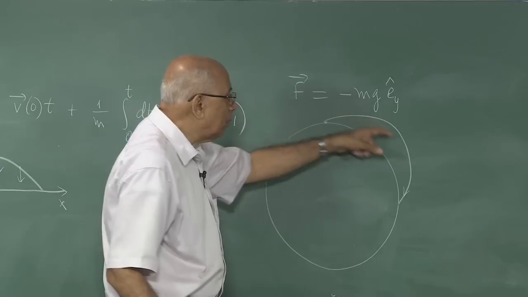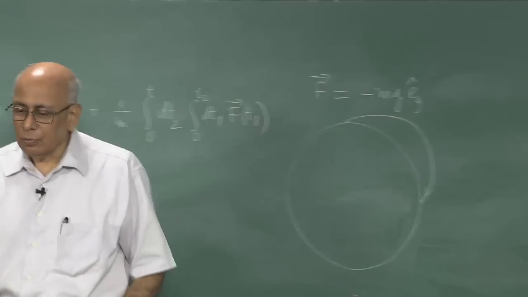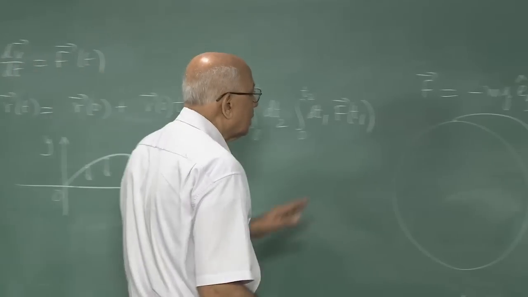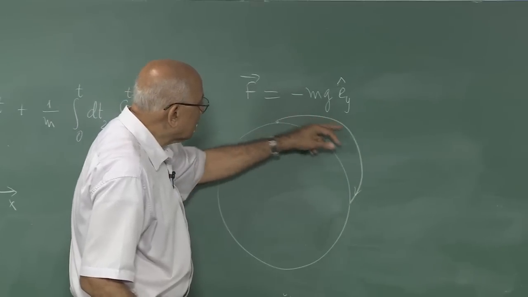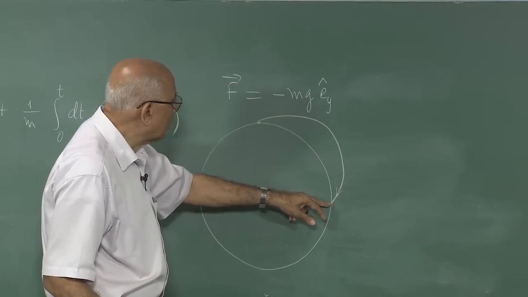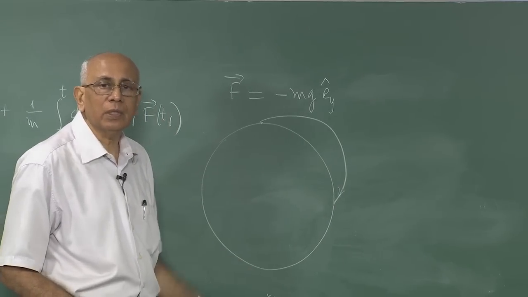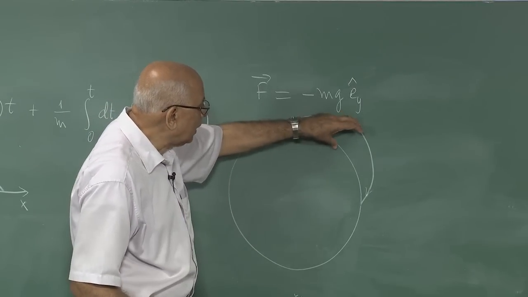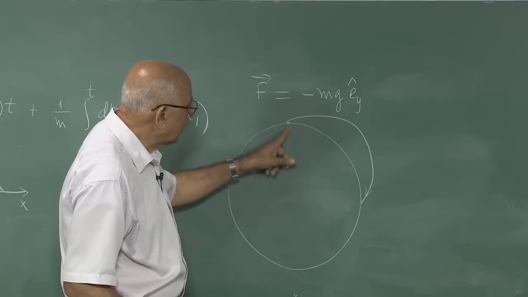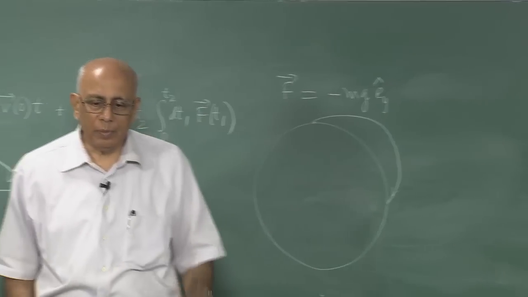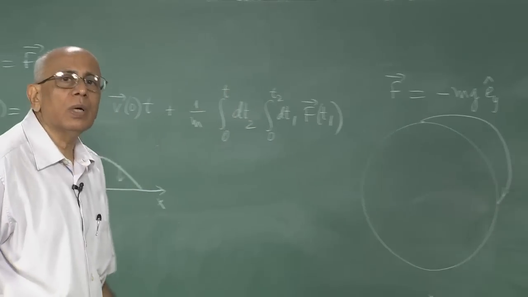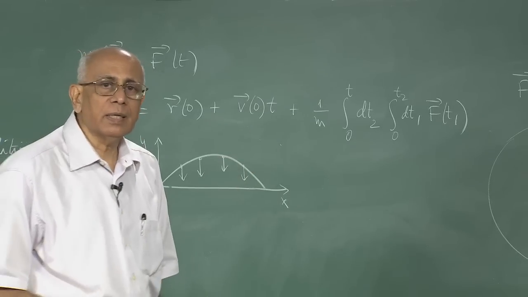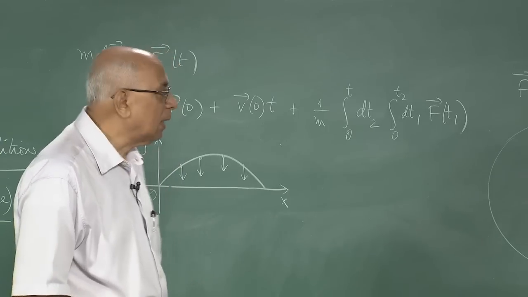As you know, this is really part of an elliptic orbit if you neglect air resistance and you assume that this is essentially in free fall, then this orbit here hits it at this point, and clearly the force of gravity on this object is not constant at all times, because now you have reached a height which is comparable to the radius of the earth, and you have gone a range which is also comparable to the radius of the earth, and no longer do you have this approximation possible that the force of gravity is a constant independent of the location of the body and of time.